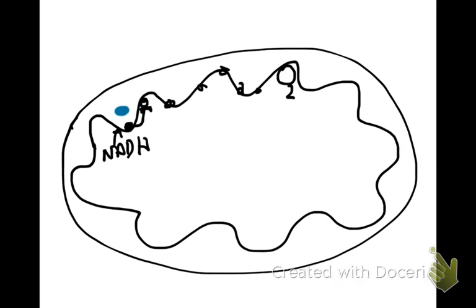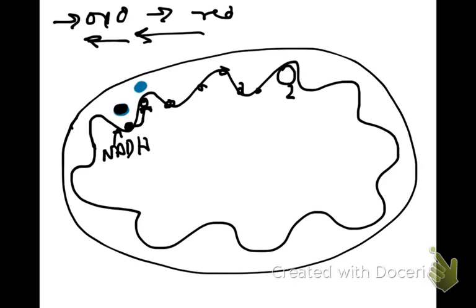So this guy gets reduced and this guy gets, once again, oxidized because he has lost it, and it sort of toggles between being oxidized, being reduced, being oxidized, being reduced, and so on, back and forth, back and forth. They sort of just toggle between these two states.